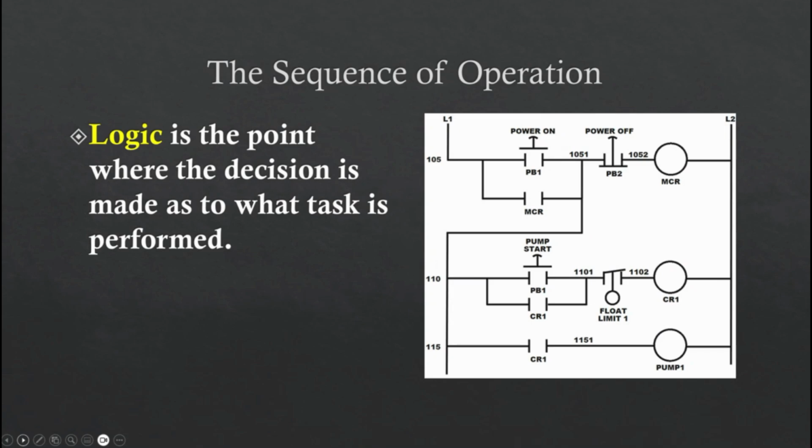Logic is the point where the decision is made as to what task is performed. And there's an example here of some logic. That's ladder logic, you would say. And once you've actuated a button, or perhaps a thermostatic control has reached a certain temperature, then it's going to begin working its way through the ladder logic and reading it and creating the proper operation.